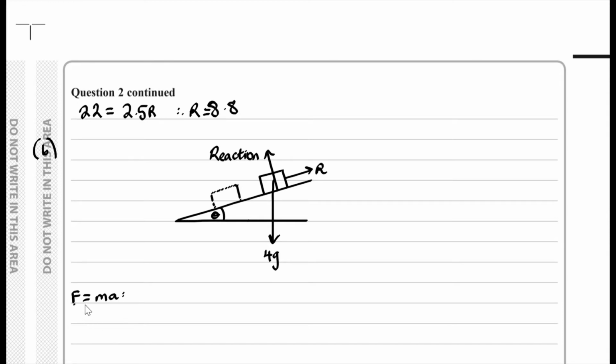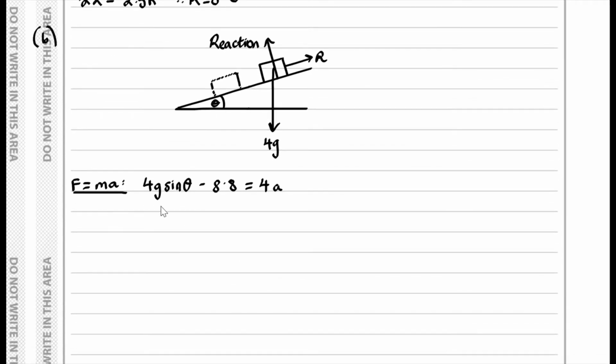So using F equals ma, we've got the forward force, that would be 4g sine theta, that's resolving parallel to the plane, and then we've got this resistance force 8.8, and this is equal to the mass 4 times the acceleration a.